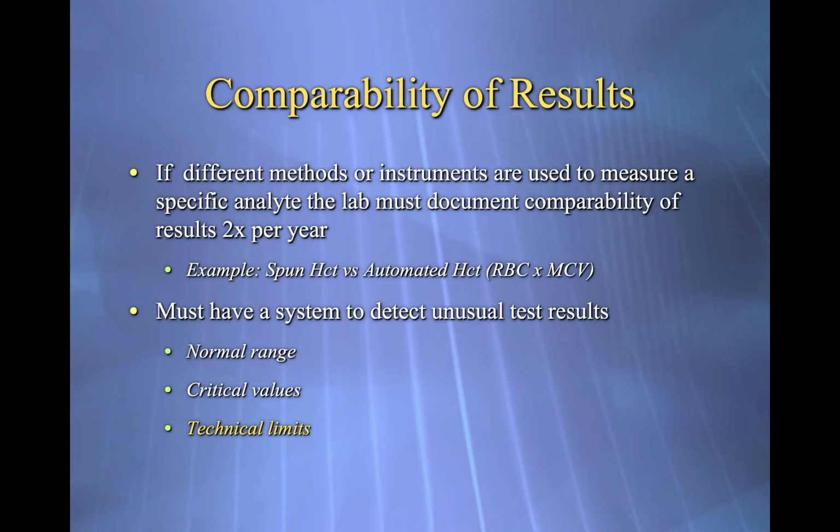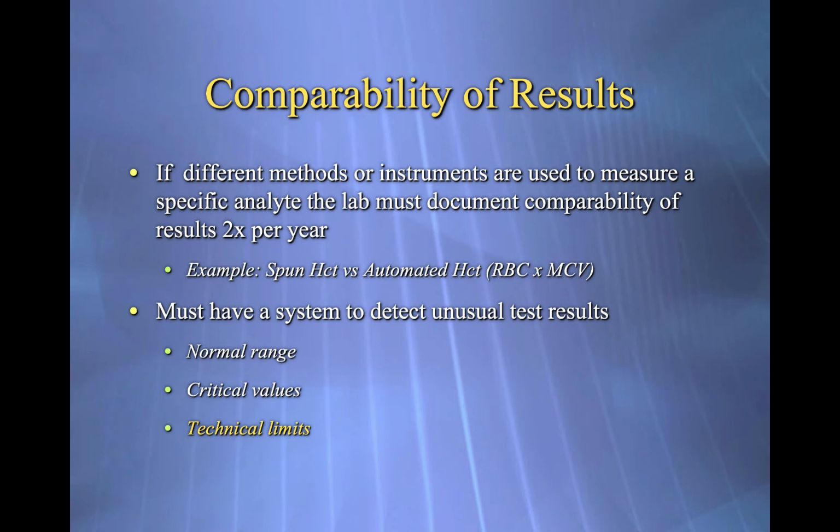Okay, we already talked a little bit about comparability of results, but if you have 2 of the same instrument or 2 instruments that do the same test, then twice a year you should look at whether they match up. A great example is spun crits versus an automated crit, where it's really calculated from the RBC and the MCV. So you may want to run a bunch of spun crits on samples that you run in your automated instrument and see how they line up.